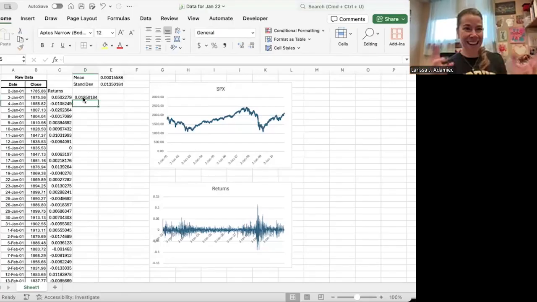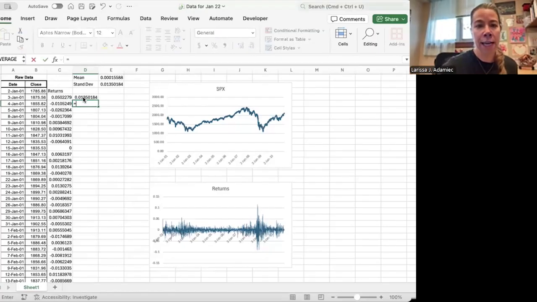So, one model, and this is just a model for a conditional variance. There's lots of different ways we can do this. We're going to take yesterday's variance and multiply it by 0.94 and add it to the returns squared times 0.06.